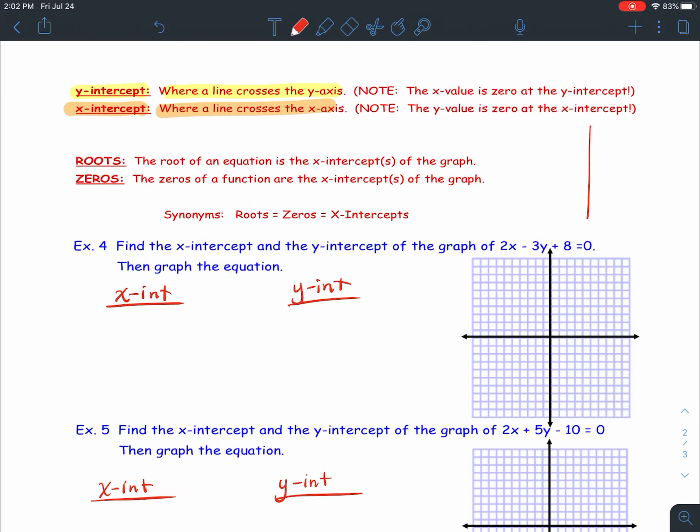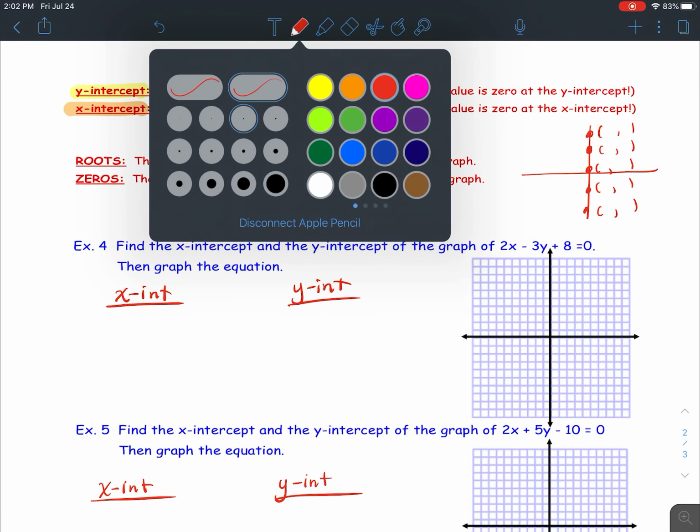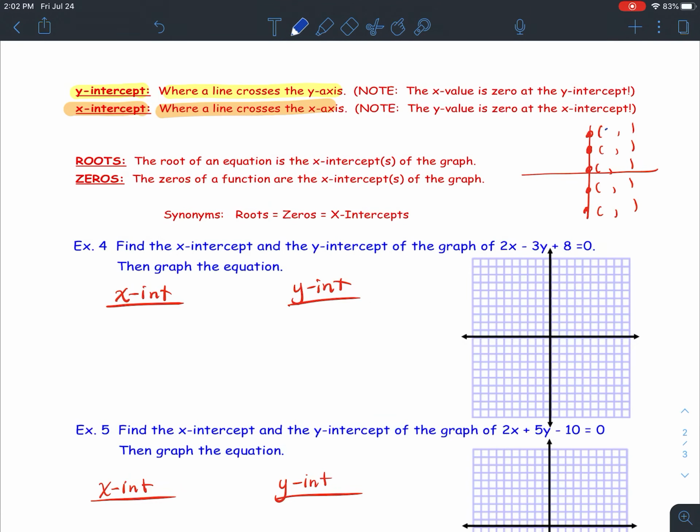One thing that you just want to think about is, if we're talking about a y-intercept, all of these points that are on the y-axis, what all those coordinates have in common with each other is they all have x values of 0.